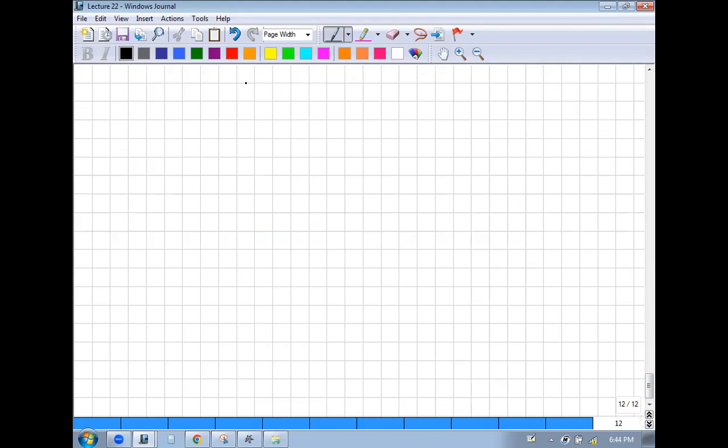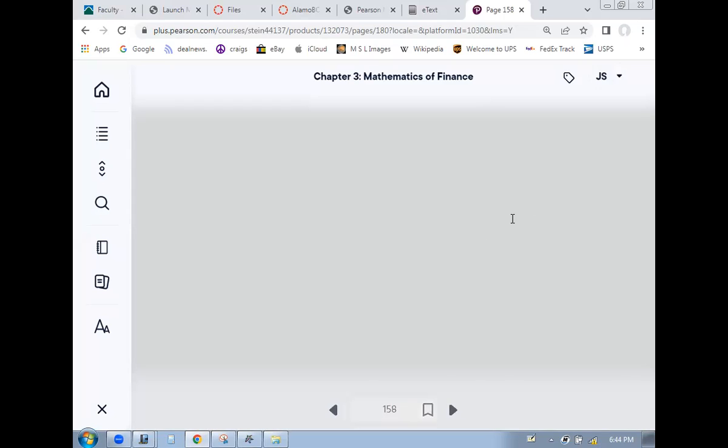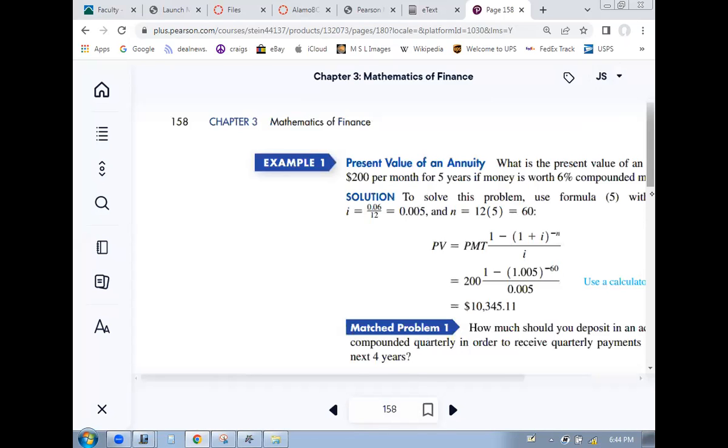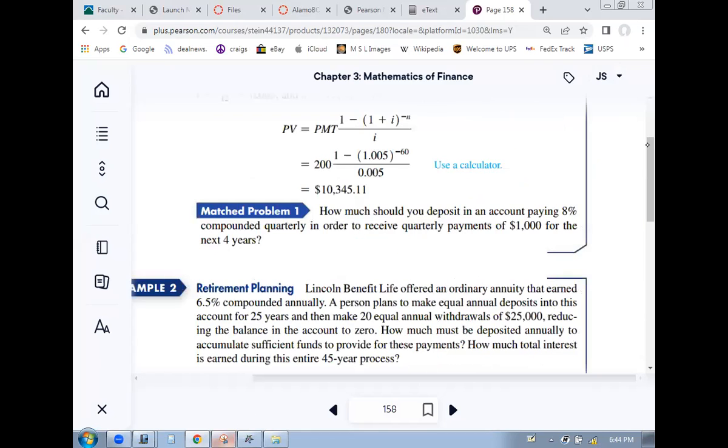All right, let's have a daily exam number 22. Let's do this math problem number 1. So example number 1 was easy, right?